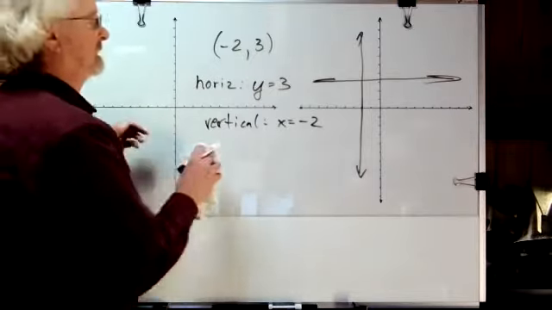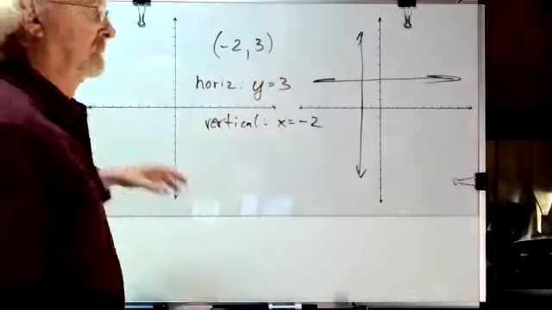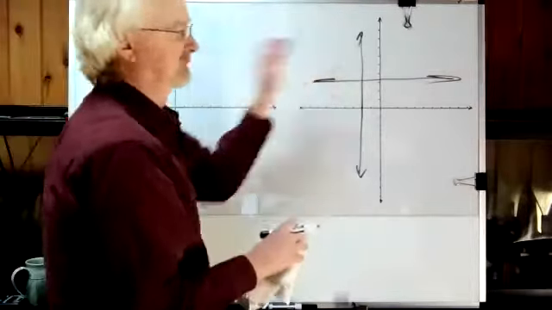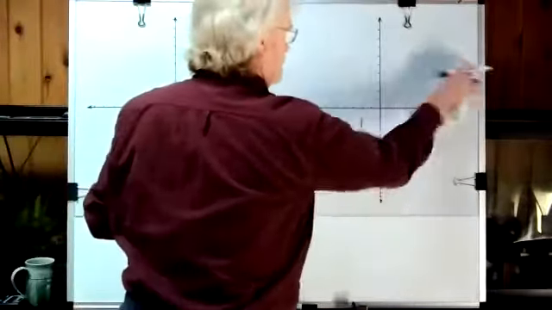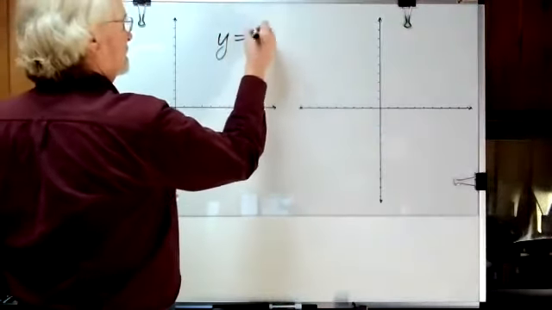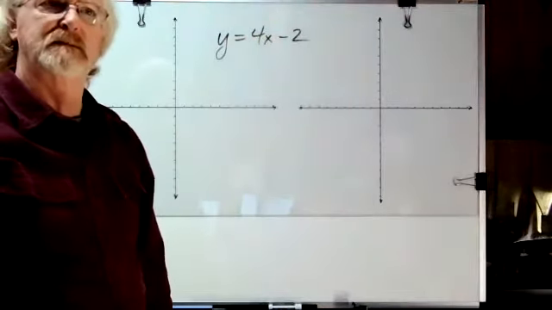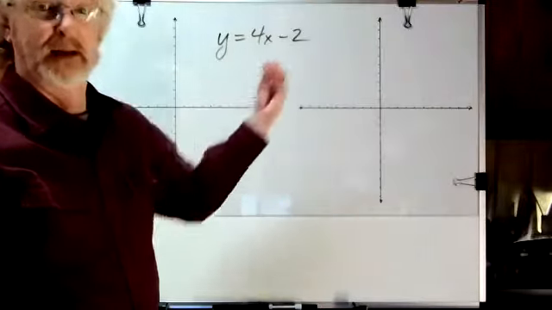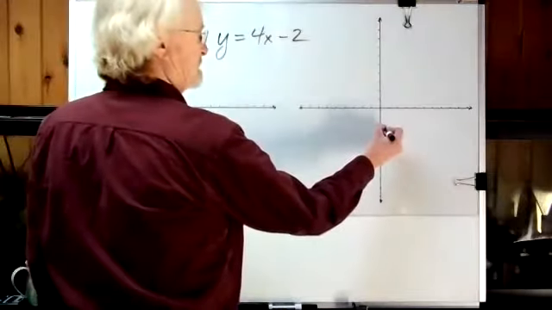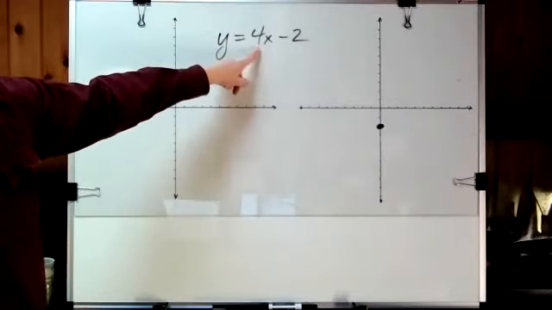If I'm lucky enough, when I gave you a slope and a point, you plotted that point and then found a second point. Not quite on my list, but if I give you this equation and ask you to graph it, well, we can pull out the slope and the special point, the y-intercept is -2, using the slope-intercept information and a slope of 4.